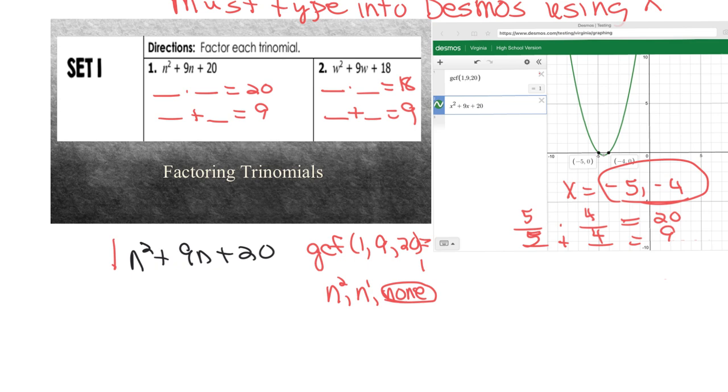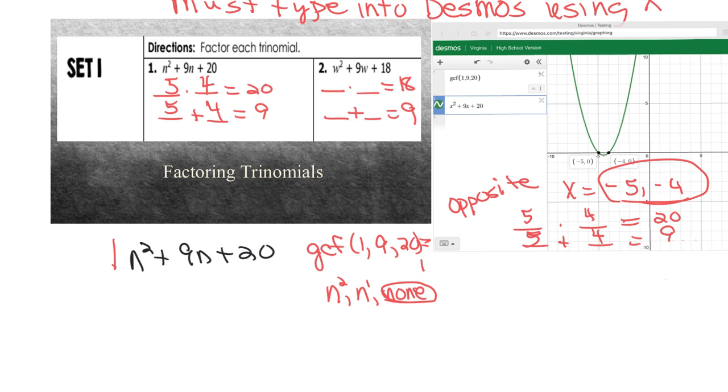That's good. 5 plus 4 is 9. So the 2 numbers that I'm going to use to factor this trinomial are going to be positive 5 and positive 4. What we have to remember is that we have to do the opposite of those numbers. So when you get your x-intercept, you're going to type the opposite, and that will give you the 2 numbers that you're going to use to factor.